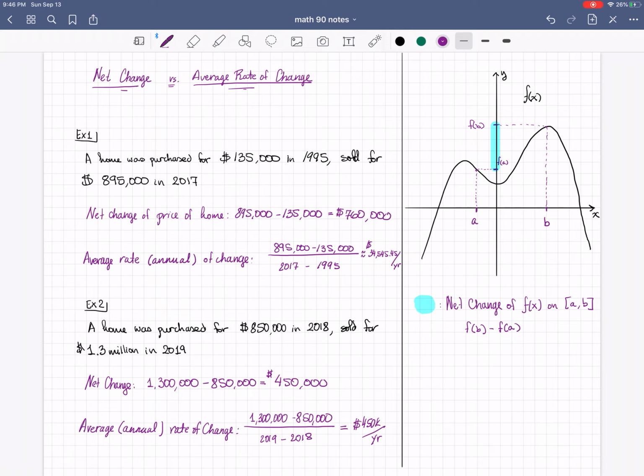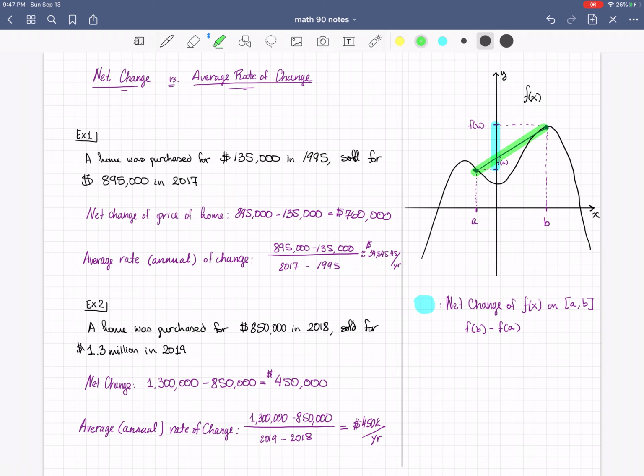Okay? If you want to talk about the average rate of change, we need to draw in a line. We need to draw in the line that connects (a, f of a) and (b, f of b). So this line connecting these 2 points. And again, I'm going to use color coding here.